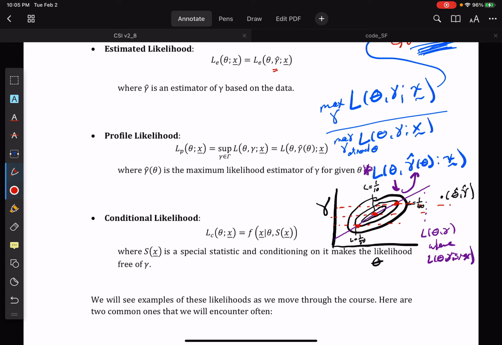And so this purple line, if you were to draw that purple line, looks like this. And that is called a profile likelihood. So the profile likelihood is taking not a horizontal slice, but a diagonal slice. Essentially, it's the ridge of a mountain.